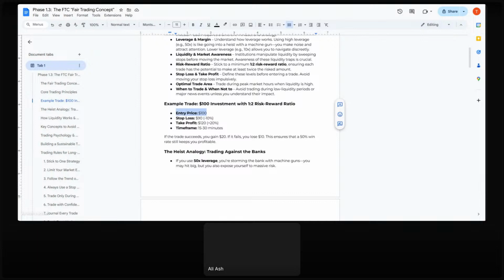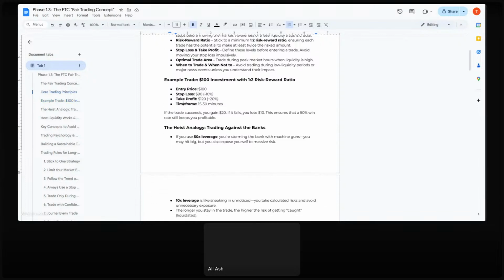Let's suppose the stock is at $100. Your stop loss will be 10% of your trade and your take profit will be 20%. So that's 1:2 risk and reward, and the time frame should be not more than 30 minutes, just 15 to 30 minutes at most. So you lose $10 or you win $20. That's how 1:2 risk and reward goes.